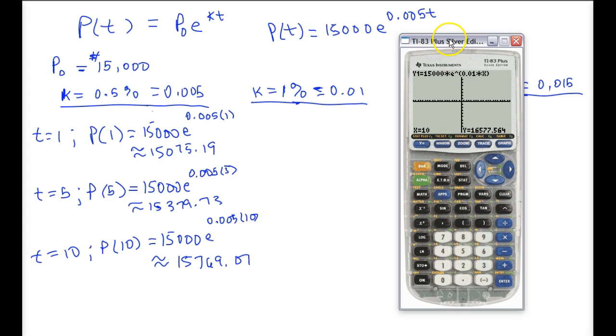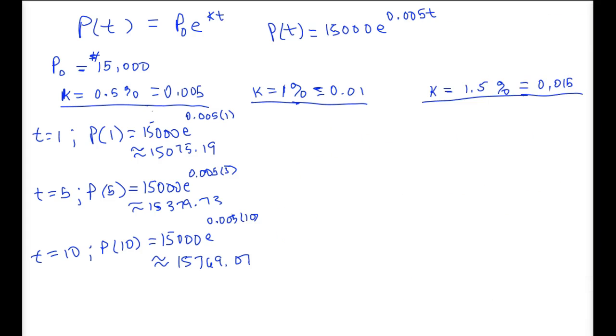So we'll go ahead and record these values here so that you can see the difference over time. So I'll just go ahead and write these down. I won't write the formula this time, but we know here on this one, P of 1 is going to be $15,150.